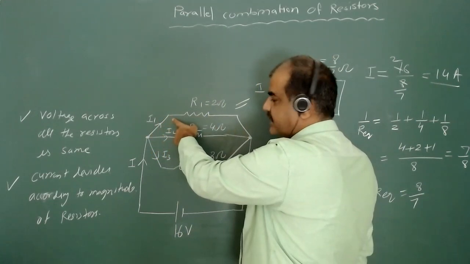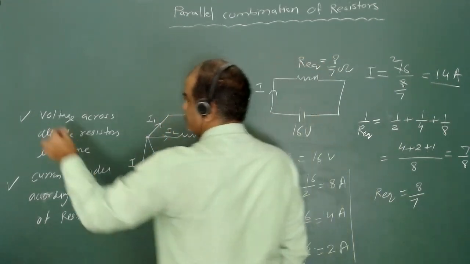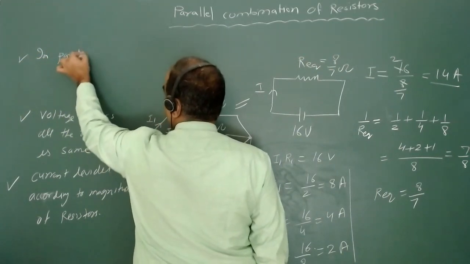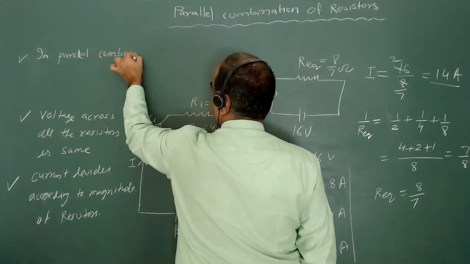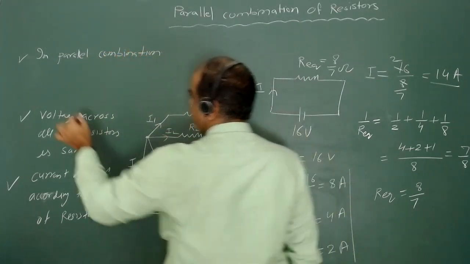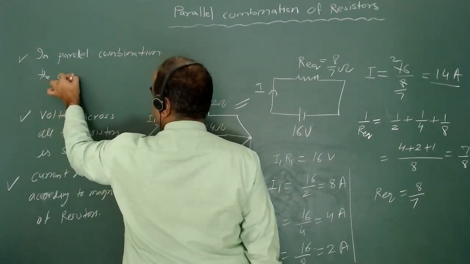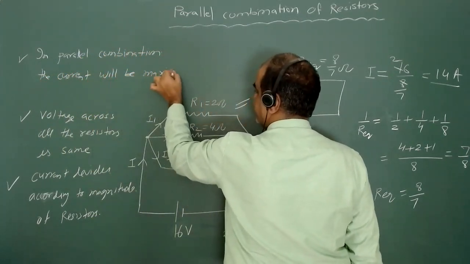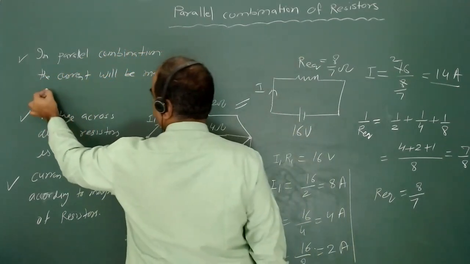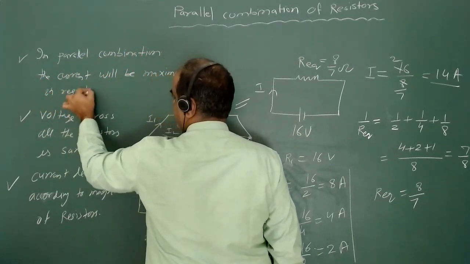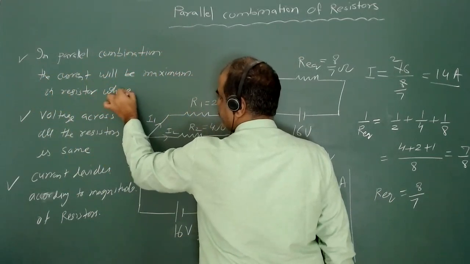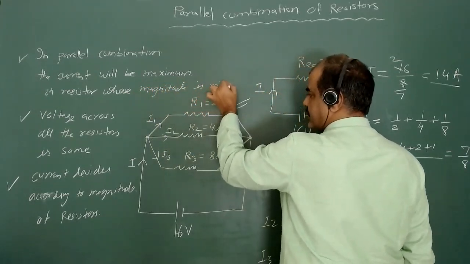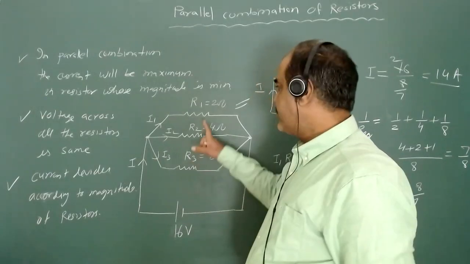That's why the maximum current flows through R1. So in parallel combination, the current will be maximum in the resistor whose magnitude is minimum.